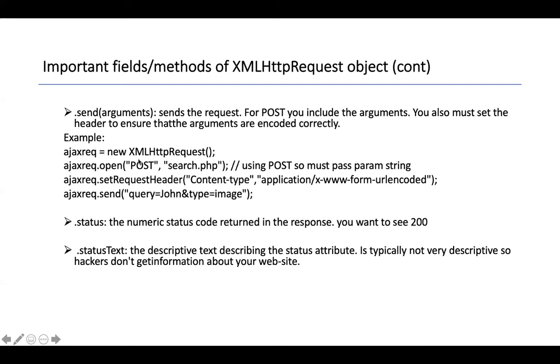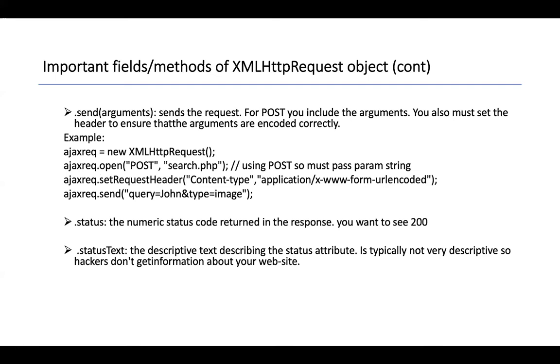So here's an example with the post method. You create a new XML request object, open it, giving it the post method and search.php. Then this little piece of magic is necessary with post methods only, but not with get methods.